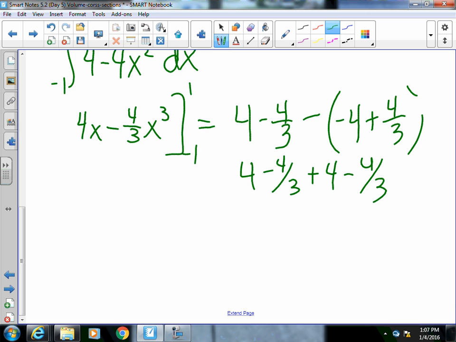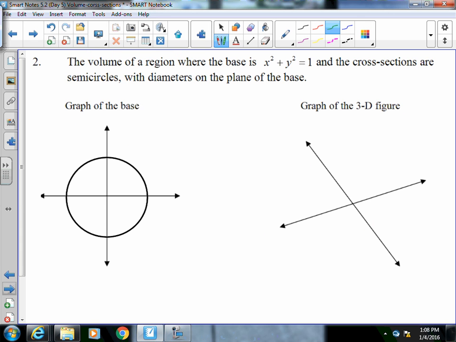And we end up with an answer of 5 1/3. And our label on that is volume, so 5 1/3 units cubed.